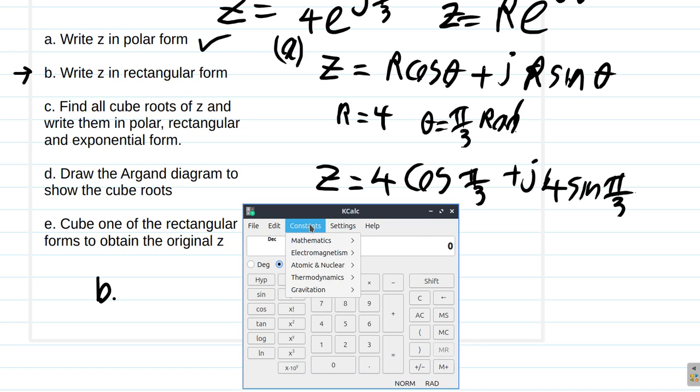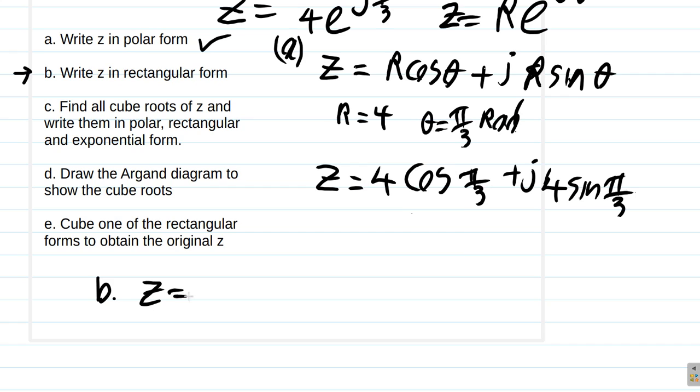Well, with this calculator, I have to go to this pi, right? Divided by 3 equal that. And cos. Alright, the cos of that is 0.5. So we have z equal 4 times 0.5 plus j 4 times.